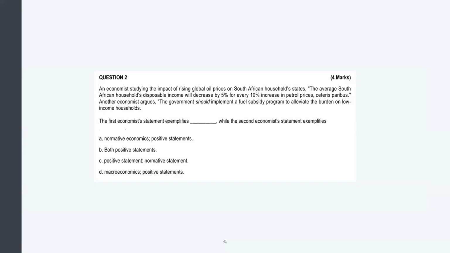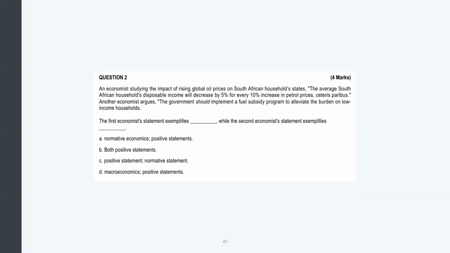Do you feel the weight of this statement? And then another economist argues the government should implement a fuel subsidies program to alleviate the burden on low-income households. Now, remember, positive economics, normative economics from our first class, right?